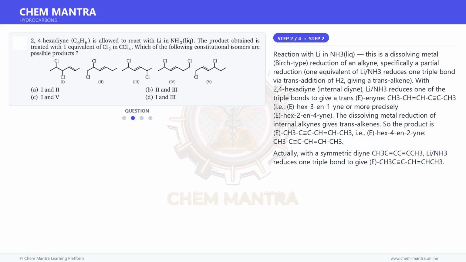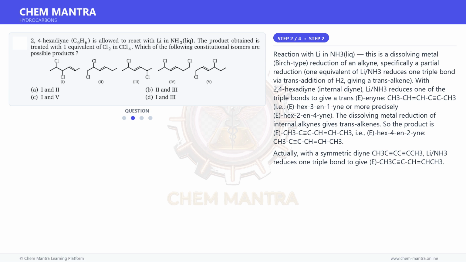Reaction with Li in NH3. This is a dissolving metal, Birch type, reduction of an alkyne, specifically a partial reduction. 1 equivalent of Li in NH3 reduces 1 triple bond via trans addition of H to give a trans alkene. With 2,4-hexadiyne, an internal diyne, Li in NH3 reduces one of the triple bonds to give a trans, E, product, or more precisely, E-hex-2-en-4-yne.